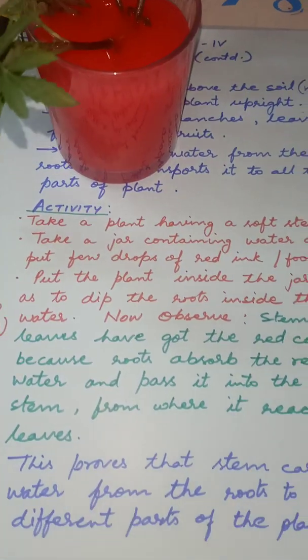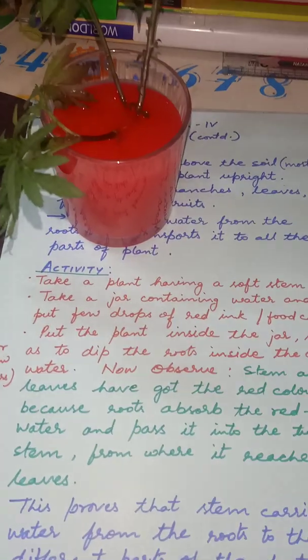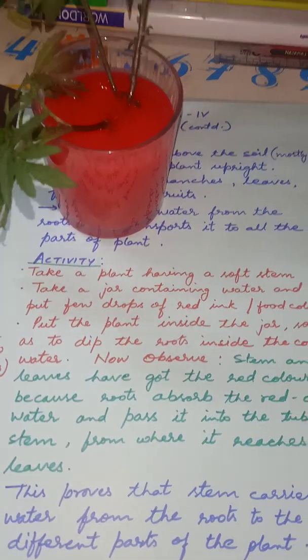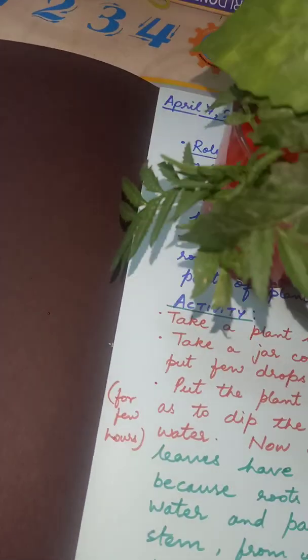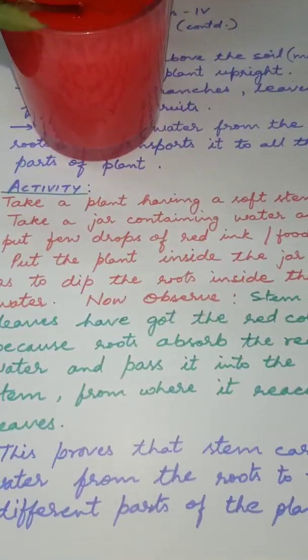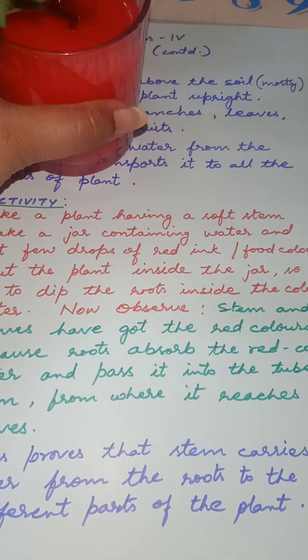This activity proves that the water is being absorbed by the roots and is carried by the stem to different parts of the plant. Here are tiny white flowers also, which are slightly becoming pinkish in color. That also proves that yes, stem is carrying the water to all the different parts of the plant.